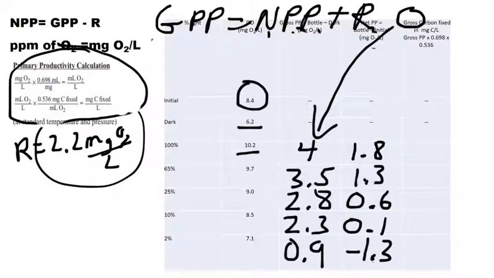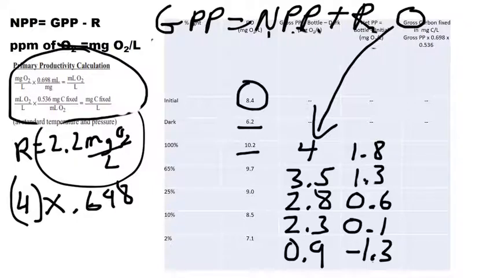So to do calculation 1, we need to take the gross amount of oxygen, which is 4, and I'm going to leave off the units here for space. Not a good habit to get into, but just for space, I'm going to take 4 milligrams of oxygen per liter. I'm going to multiply that by the conversion factor, which is 0.698.